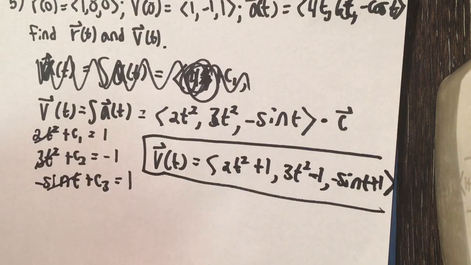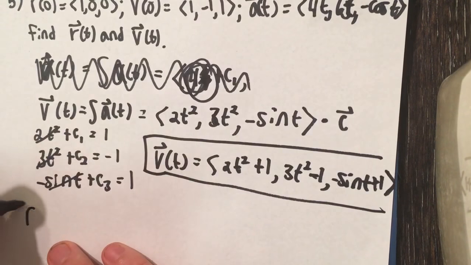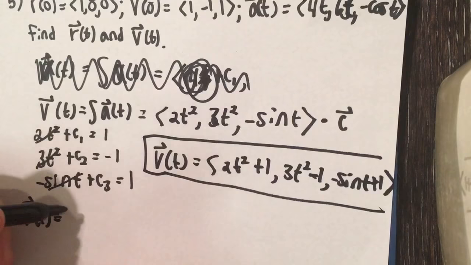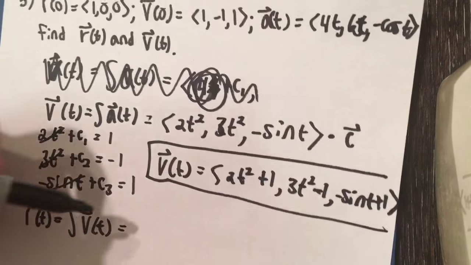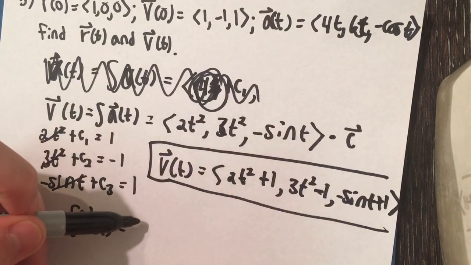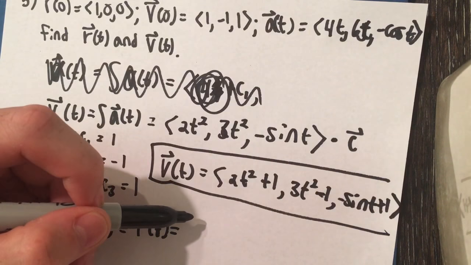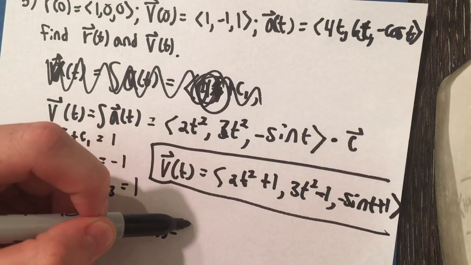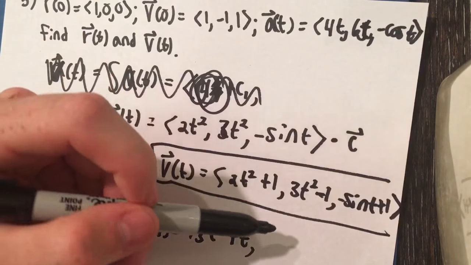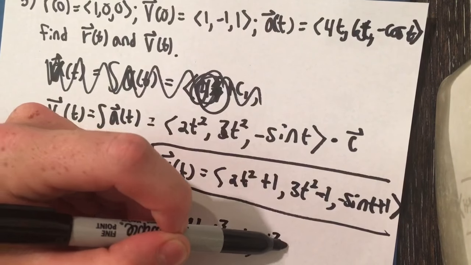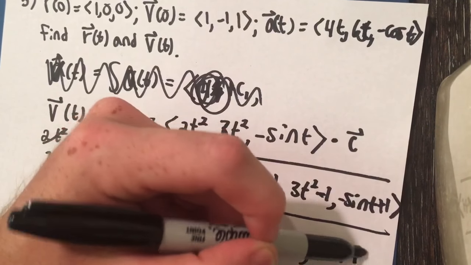We would now have to integrate this again to find the position equation, which is the position vector, r of t. So r of t, we also know, is equal to the integral of the velocity vector. When we do this, the same process follows, that now r of t would be equal to 2/3 t cubed plus t, t cubed minus t, and cosine t plus t.